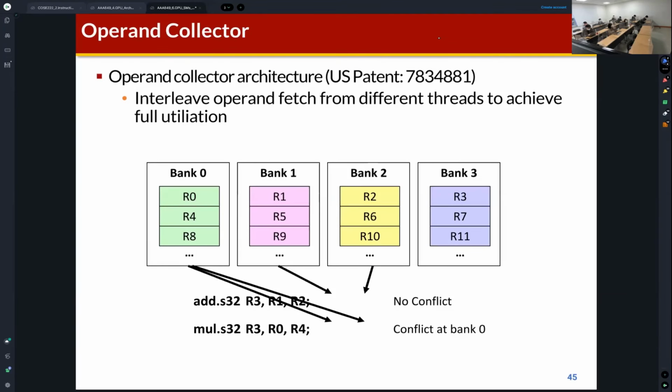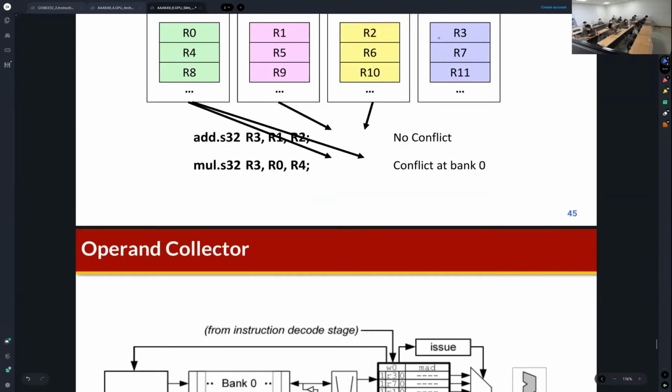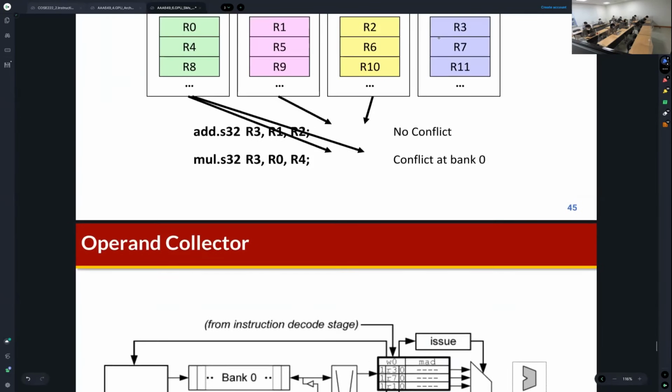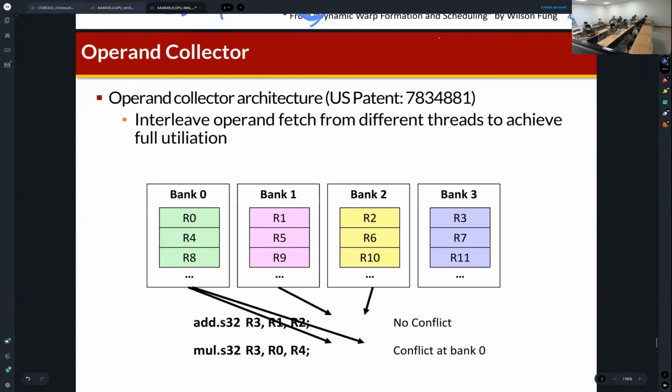Okay, and then I will briefly explain the operand collector. I explained that the GPU has a very large register file, and when a warp is executed, the threads share the same instruction but the data are different.